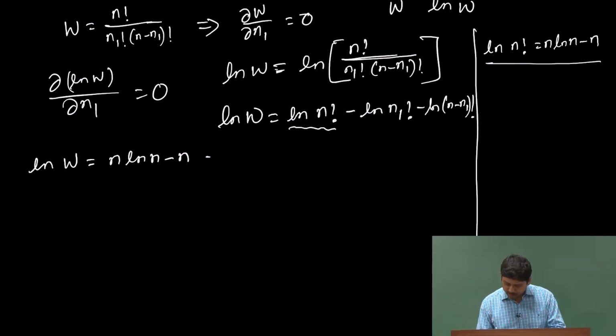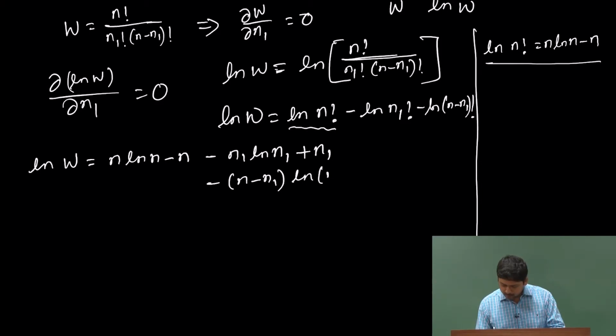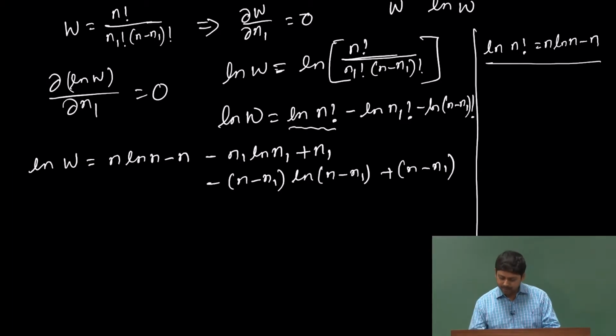My second term then is minus n 1 ln n 1, instead of minus it will be plus n 1, and my third term which is minus n minus n 1 ln n minus n 1 plus n minus n 1. So, now my ln W is complete.